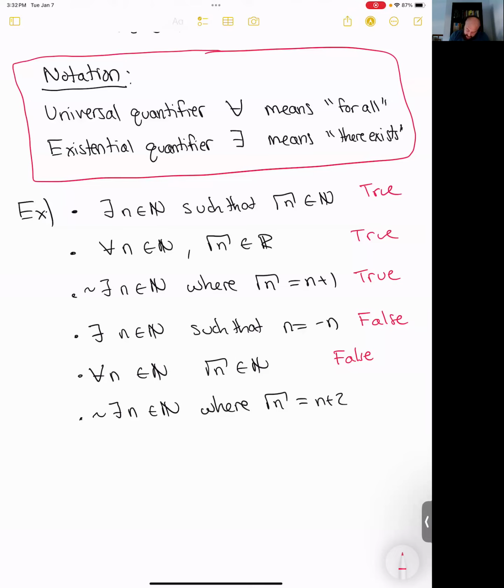And the last one says it is not the case that there exists a natural number n so that the square root of n is equal to n plus 2. So this one's a little bit tricky. It is not the case that there exists a natural number where the square root of n is equal to n plus 2.